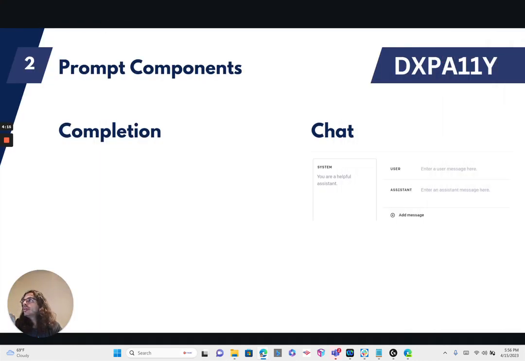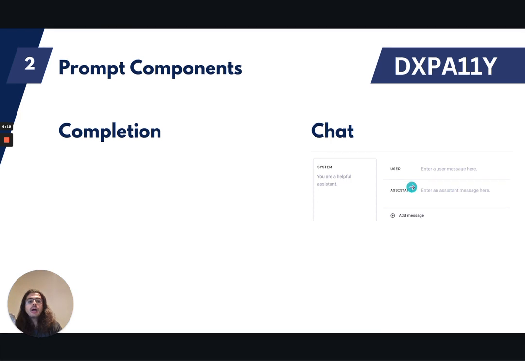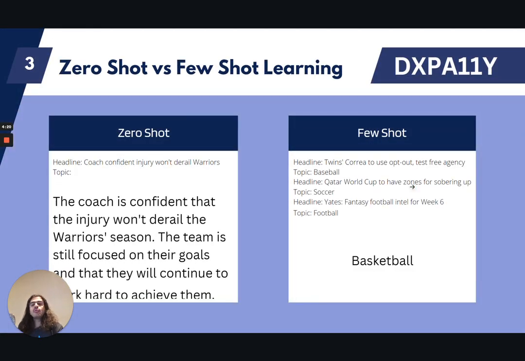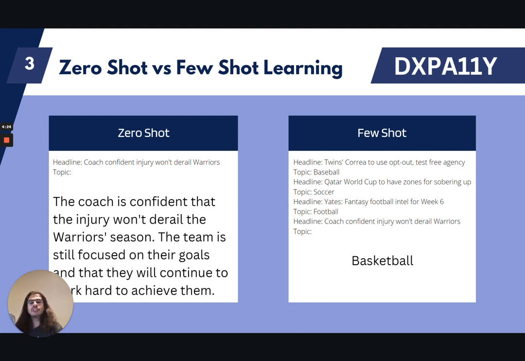Okay, continuing on from where we left off, we have also something called zero-shot and few-shot learning. The idea of zero-shot learning is you don't really give it any guidance. You just give it something and let it continue, and it will continue by making up the rest of that completion. So something like, "Coach confident injury won't derail Warriors," and it comes up with all this content.